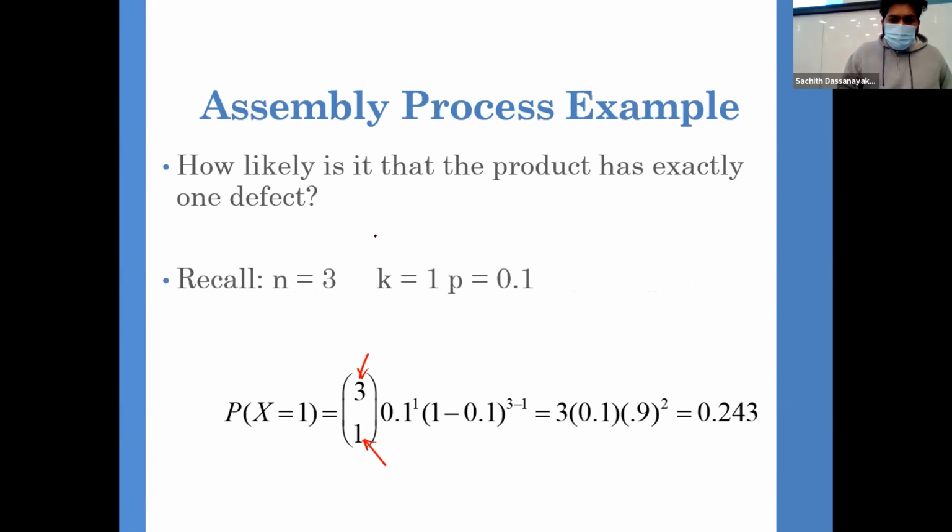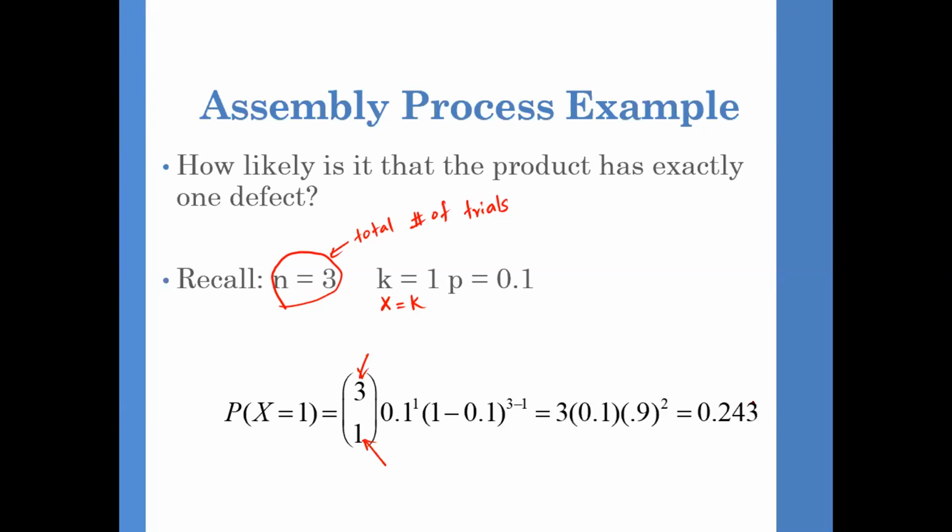Here k equals x. n means the total number of trials or outcomes. Here we picked items 3 times. So x is the number of successes.